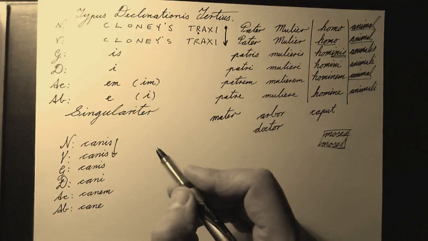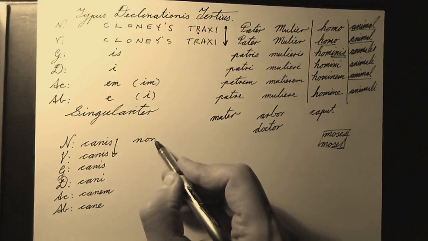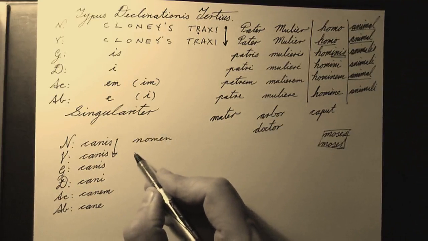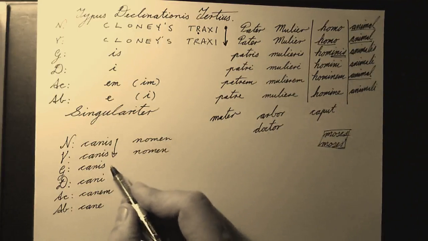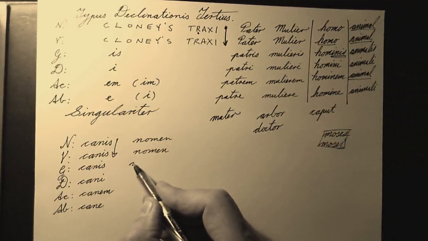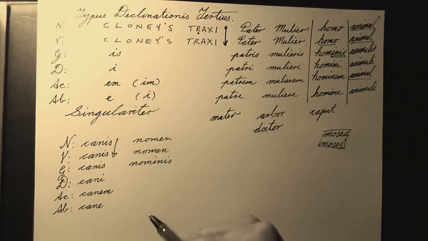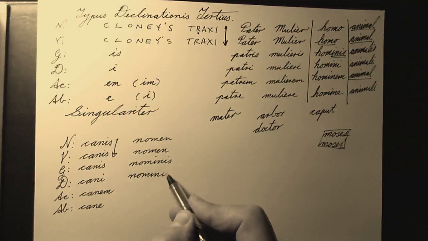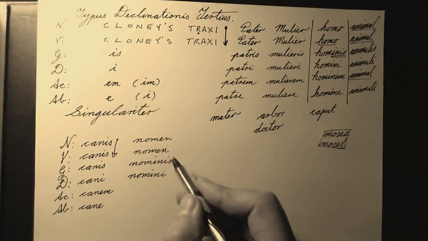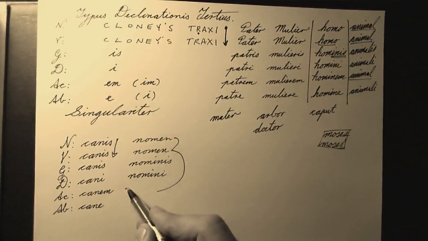Nomen, a very common word, is neuter. So nomen, nomen is like homo. So we have nominis, and then we have nomini, because it's neuter. The accusative, of course, is going to be the same, right?